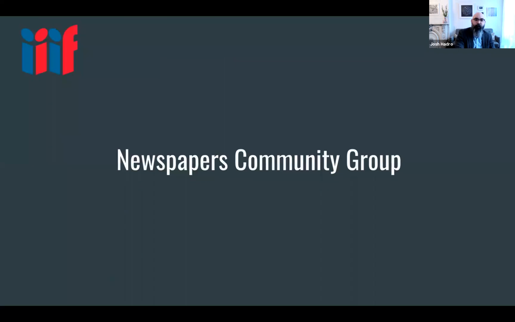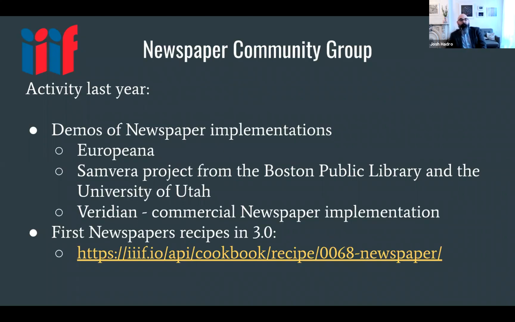And the newspapers community group, really closely focused on a particular content type. I think this work has been really focused on the recipes; one of the first cookbook recipes was from the newspapers community group, and then working with folks like Europeana doing demos of their implementations.